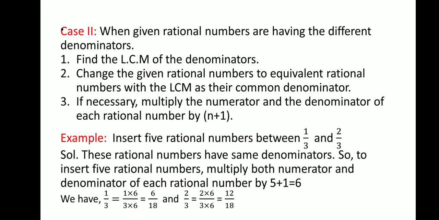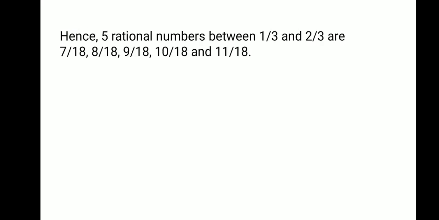So 1 by 3 is equal to 1 into 6 over 3 into 6, that is 6 over 18, and 2 by 3 is equal to 2 into 6 over 3 into 6, that is 12 over 18. Now, after this, we will be able to easily find the 5 rational numbers.